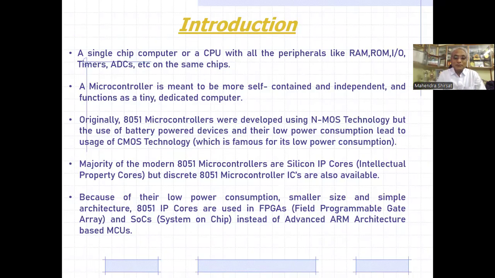Because of their low power consumption, smaller size, simple architecture of 8051 cores, and the use of field programmable gate array, again a very important concept, along with system on chip. These two concepts are widely used in modern microcontrollers, particularly the 8051 microcontroller. As a result, power consumption has been very, very low.